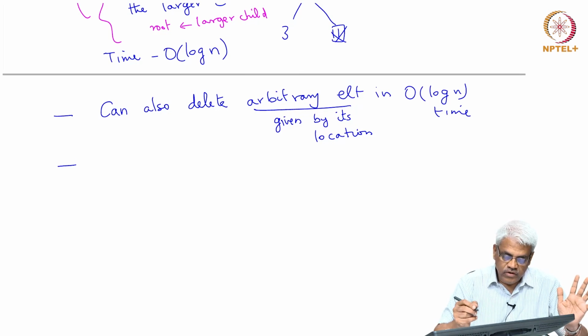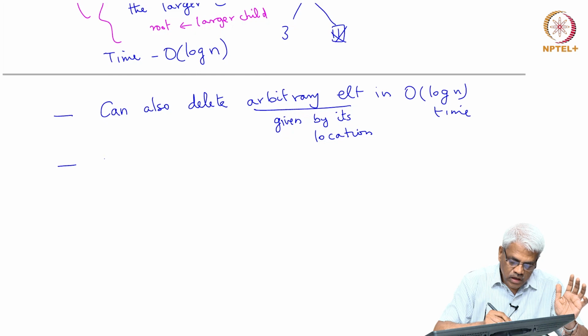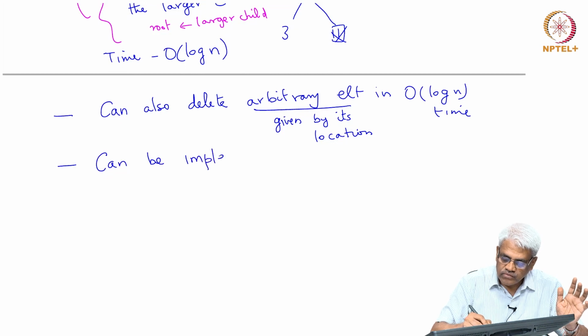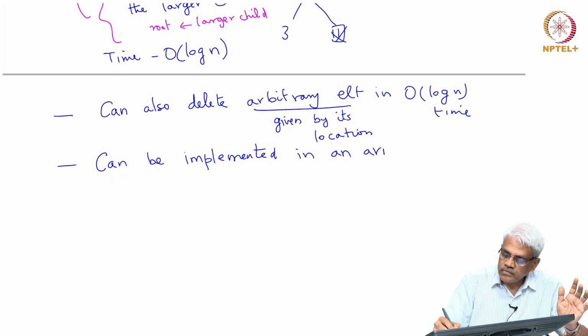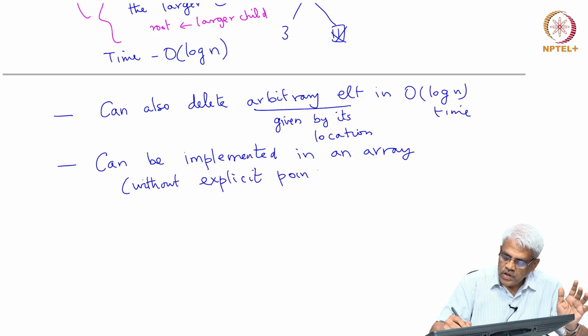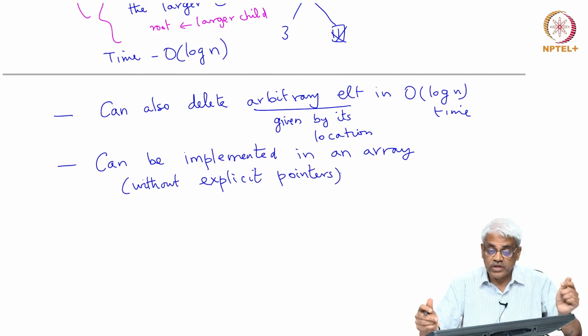Here is a very useful observation: a heap can be implemented in an array, which means without explicit pointers. This is a very elegant feature of a heap. I will tell you what that means.